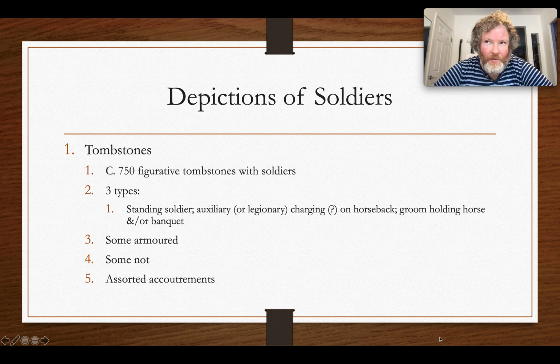A lot of sculpture, like tombstones, but sarcophagi fall in this category too, would be mass produced, and there'd be sort of generic images which could be tailored to individual customers. So likely a sort of stock image of soldiers in various poses, tweaked as an individual customer wants. Of course, it costs more to have a tombstone with an image, and the more personalized, the more expensive it gets. So there are all these other factors. But anyway, still interesting, thinking about clothing, appearance, identity, etc.